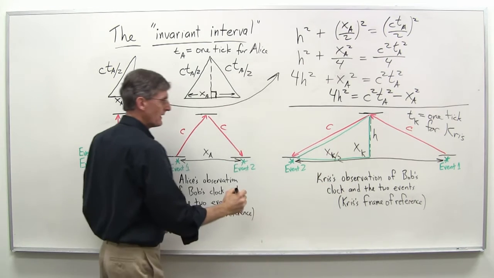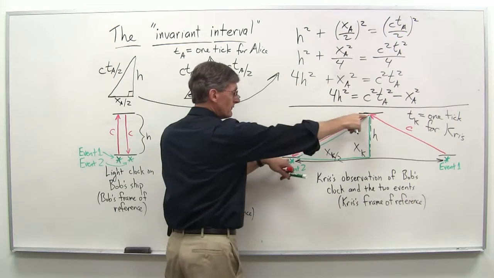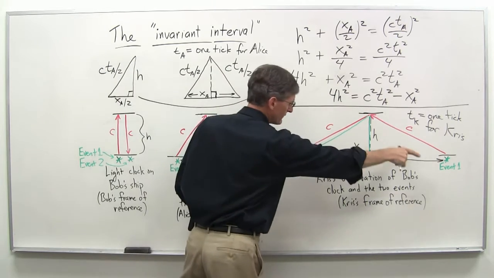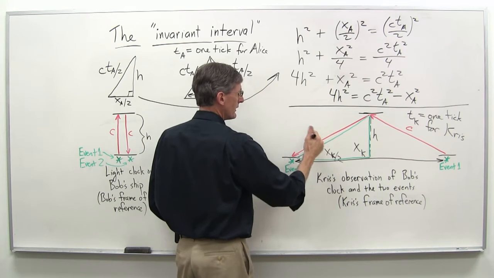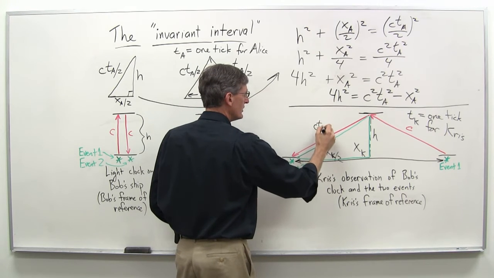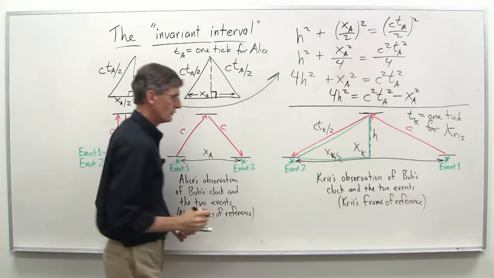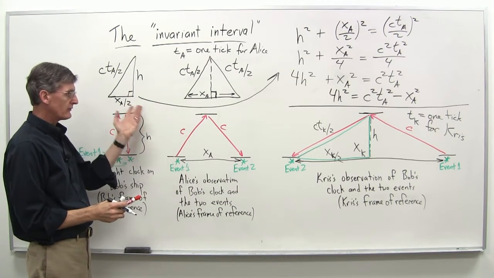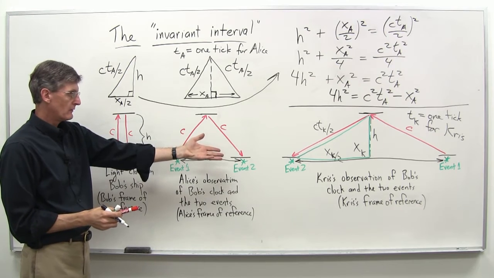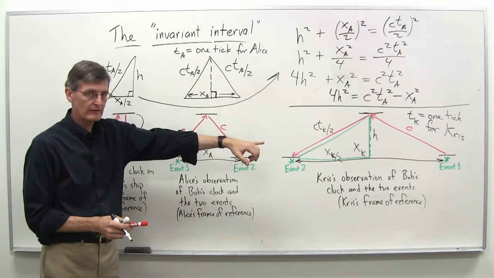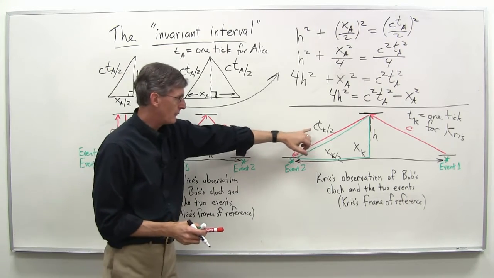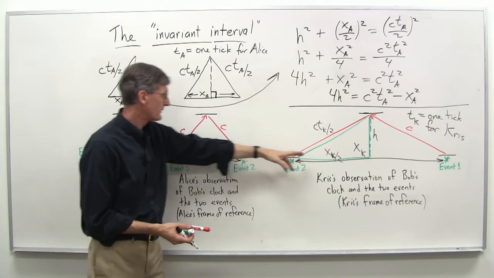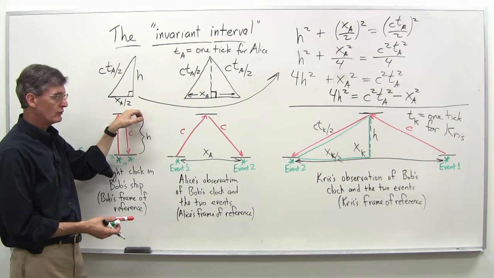And this distance here is the speed of light times half a tick, because half a tick up, half a tick down. So this becomes c t_k over 2. Exact same little triangle as with Alice, just different values here. Okay, we have h is the same. That's going to be important here in a minute. But we have c t_k over 2 versus c t_a over 2, and x_k over 2 versus x_a over 2 here.